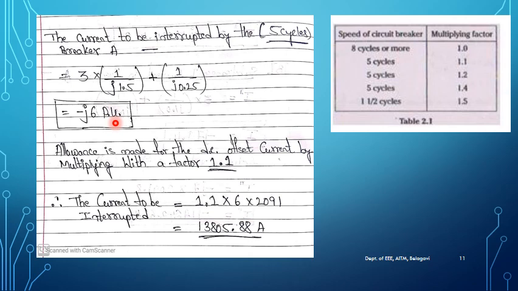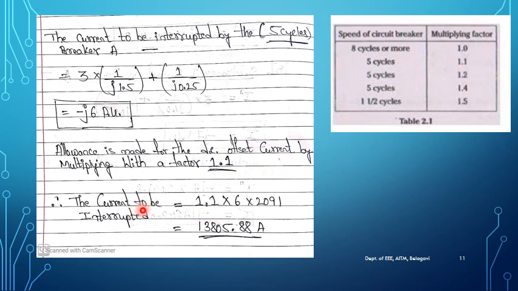After that, since we are calculating for the 5 cycles, we need to consider this table. For the speed of the circuit breaker of 5 cycles, the multiplication factor is how much? 1.1. So we need to multiply 1.1 with this entire value.